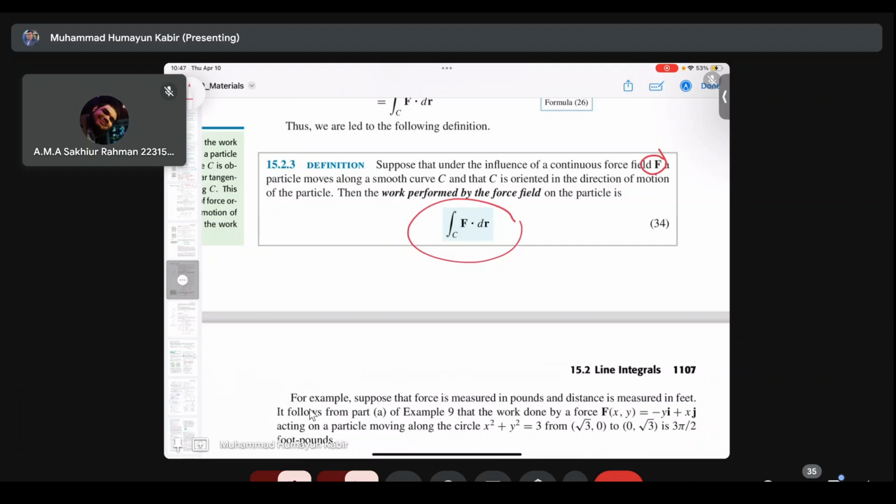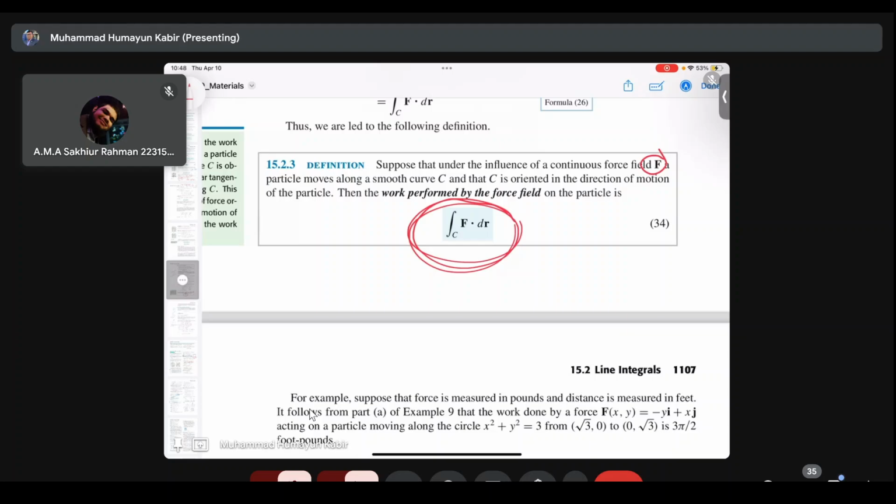If you have a force field and a particle moves along a curve, the route or path of the particle, the motion of the particle is the path or the curve. Then what is the work done here? The work done by the force field is nothing but this line integral. This is one of the most important applications of line integral. Understood?